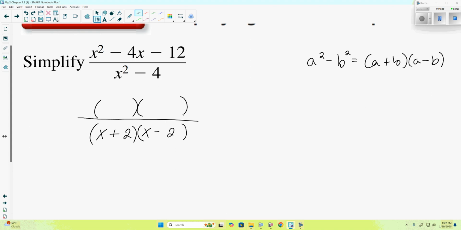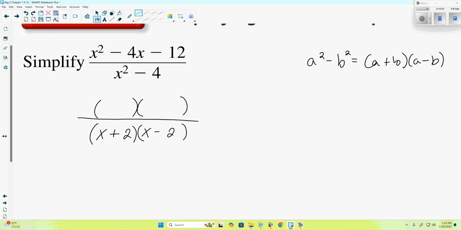Which means one of those sets of parentheses on top has to be what? Either x plus 2 or x minus 2. Because if one of them's x plus 2, the x plus 2 and x plus 2 would cancel, yes? If one of them's x minus 2, those would cancel, yes? So the denominator factoring it first gave us a hint at what the numerator is going to be. Y'all see how that works.